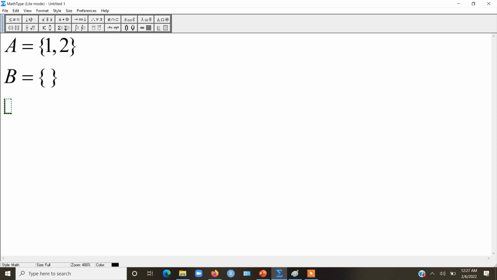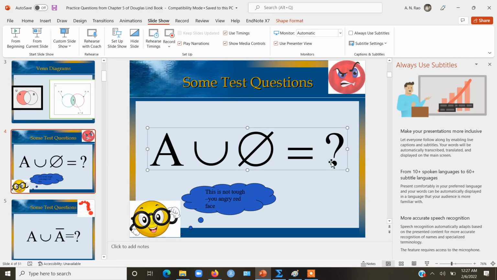What if I take the union of these two sets? Once again, that will be A itself, because the set B is empty. Even if I combine an empty set with another set, the answer will be the set itself. So the question is asking what is the union of a set A with an empty set. The answer will be A, right?